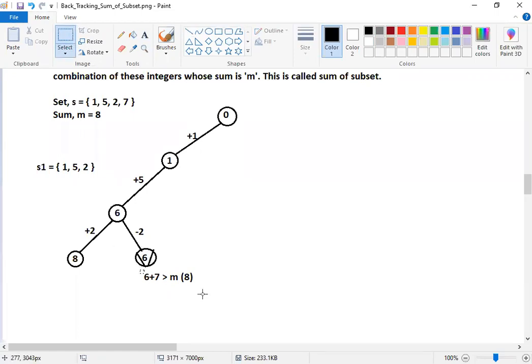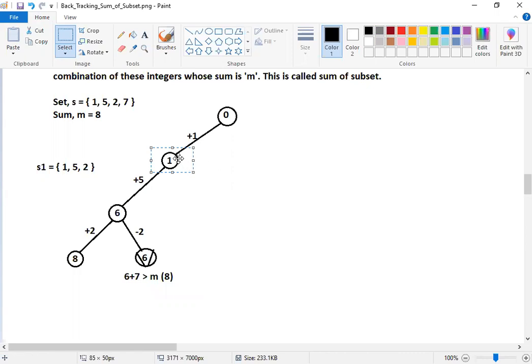Yes, sir. Okay. Now as a general concept of backtracking, we know once we reach a dead end, what has to be done? Backtrack. Backtrack means where? From 6 go to its parent. That means we come to this particular node 6 here. Now there are no other possibilities downwards. Then what do we need to do? Again, we need to go upwards. That is backtrack. Now I will go to the parent of 6. The parent of 6 is the root. Sorry, not the root. The node 1.